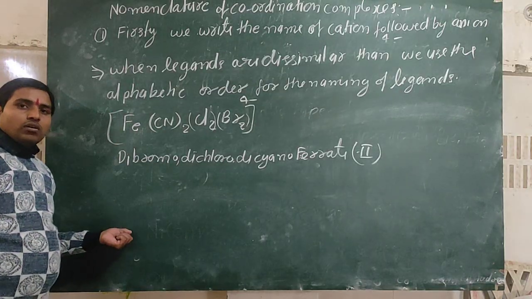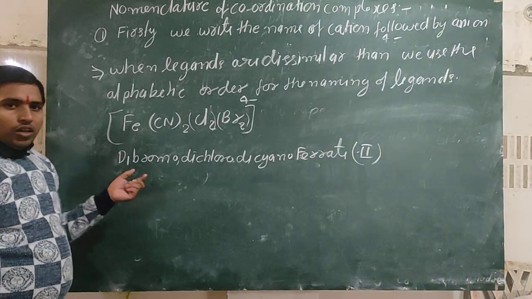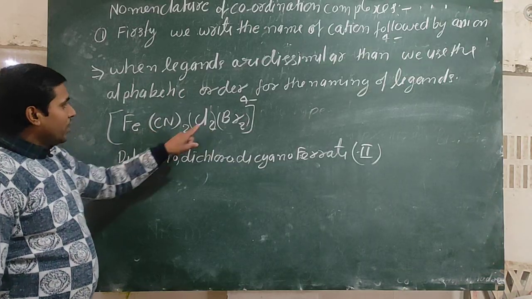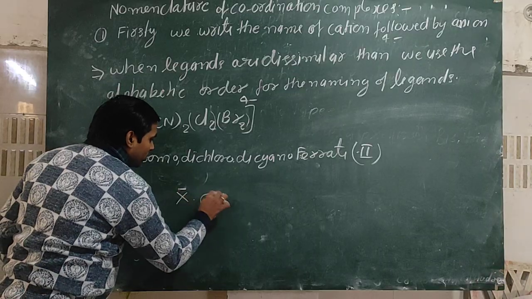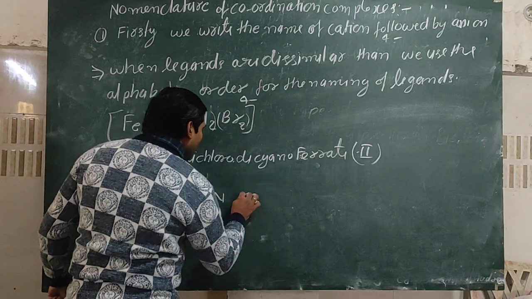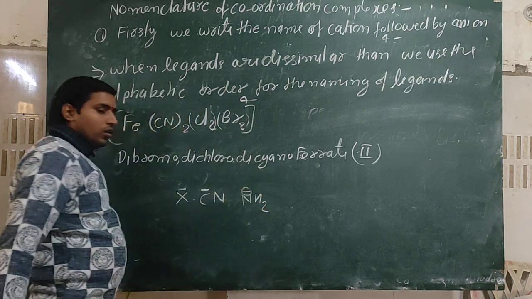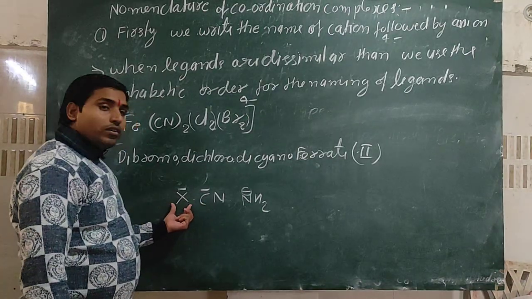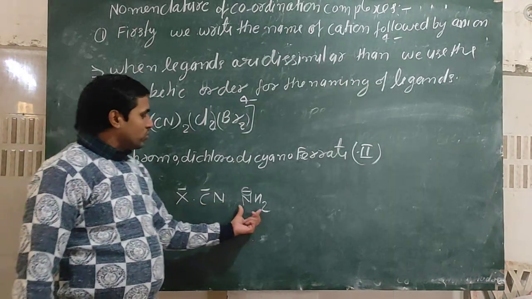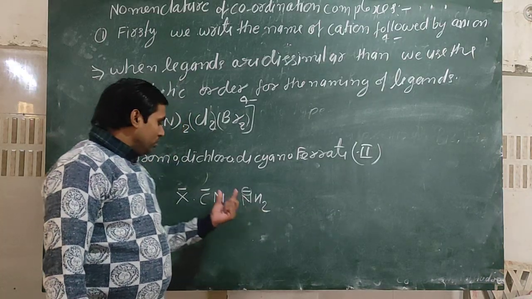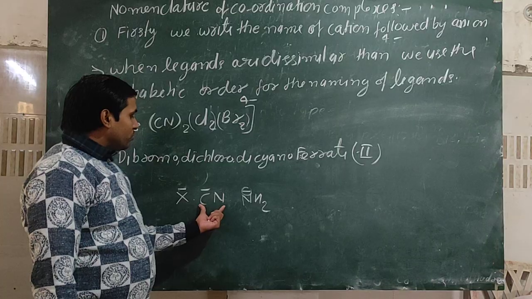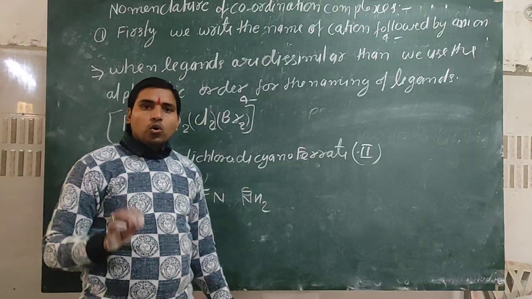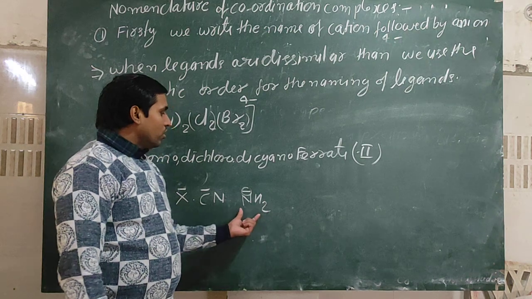After naming of ligands, it is also very important to know that if ligands are negative, not neutral, like halogens, like cyano, like NH2 amino, then the words halide, cyanide, amide are changed to chloro, cyano, amido etc. Means we use O after replacing the E or IDE ending from the ligand.